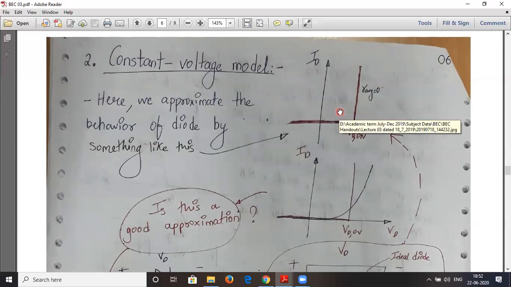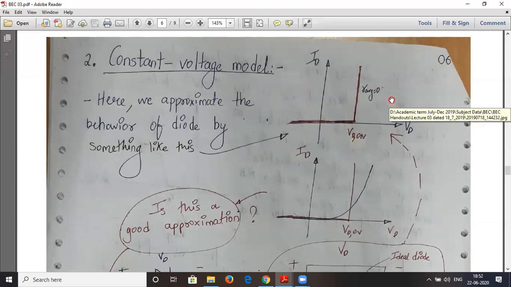Again, I repeat, the diode will be on when the anode voltage is greater than the cathode voltage by VD-ON, that is 0.7. If the diode voltage is less than this, the diode will be off. If it is greater than this 0.7, it will be on.